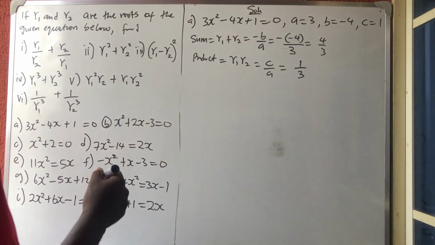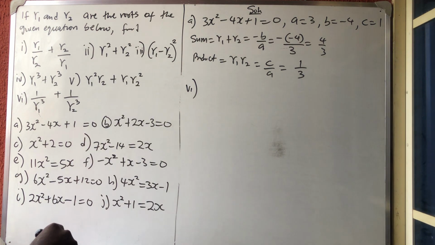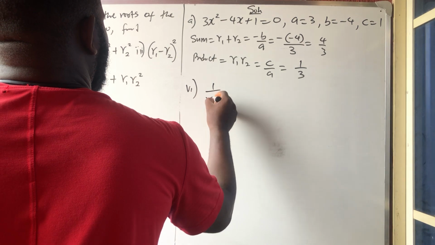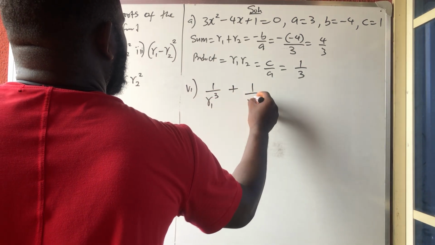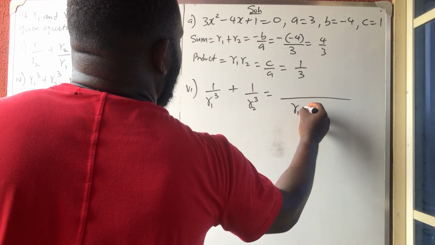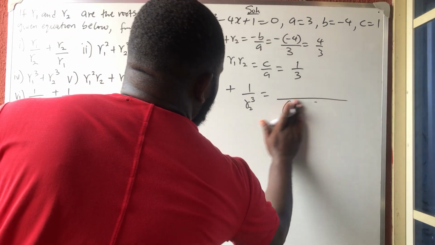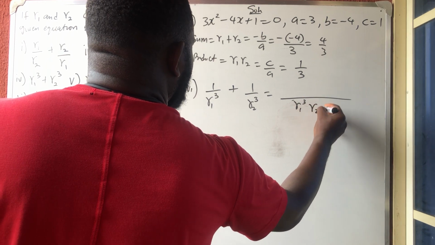So the next one, number 6, which is the last one. Number 6 gave us 1 over R1 cube plus 1 over R2 cube. Now if you take the LCM, it is R1 cube R2 cube.